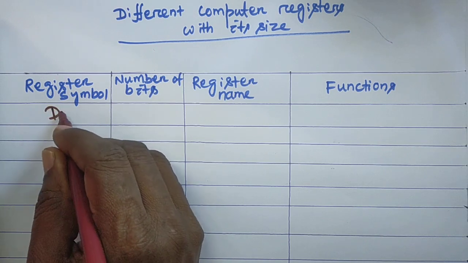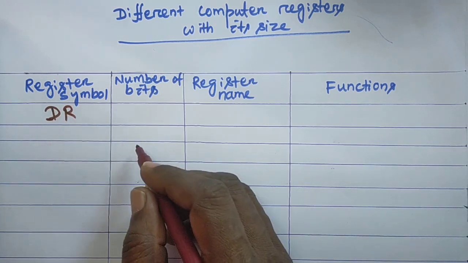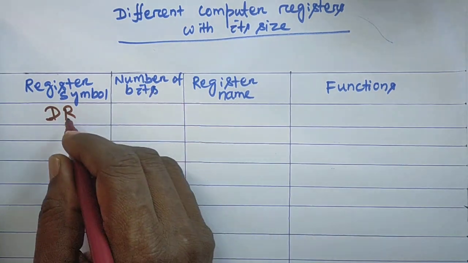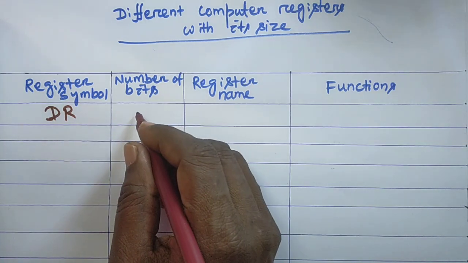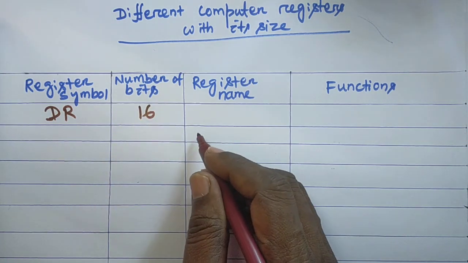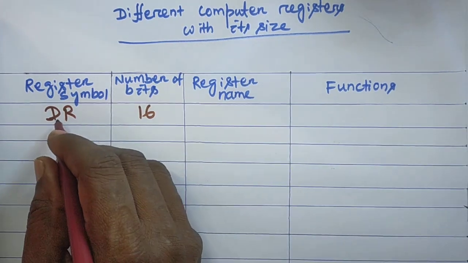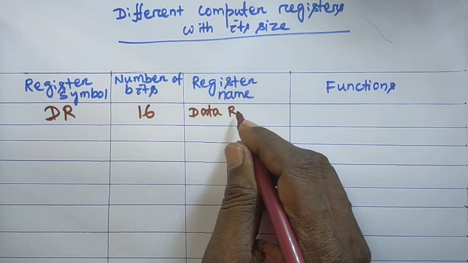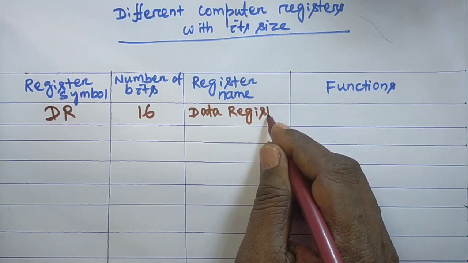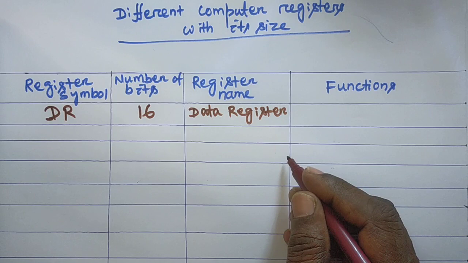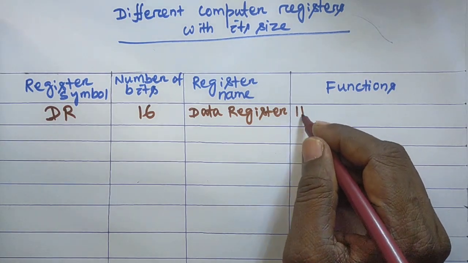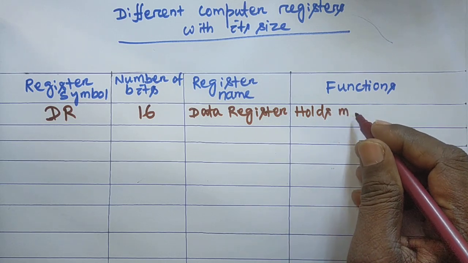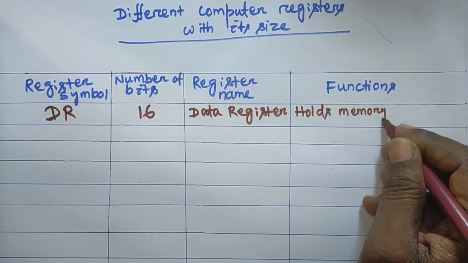Let us consider DR. DR is the data register. Its symbol is DR, its size is 16 bits, and its name is data register. Its function is that it holds the memory operand.